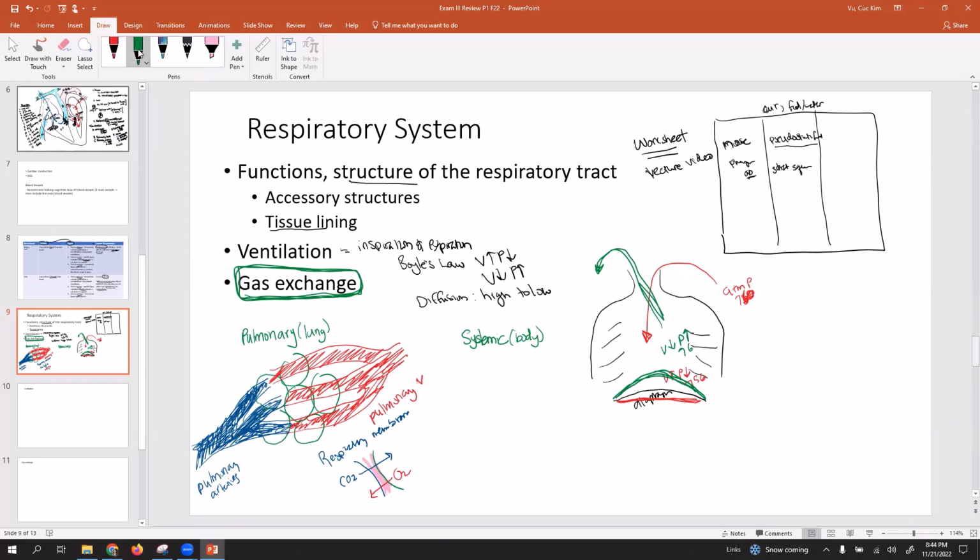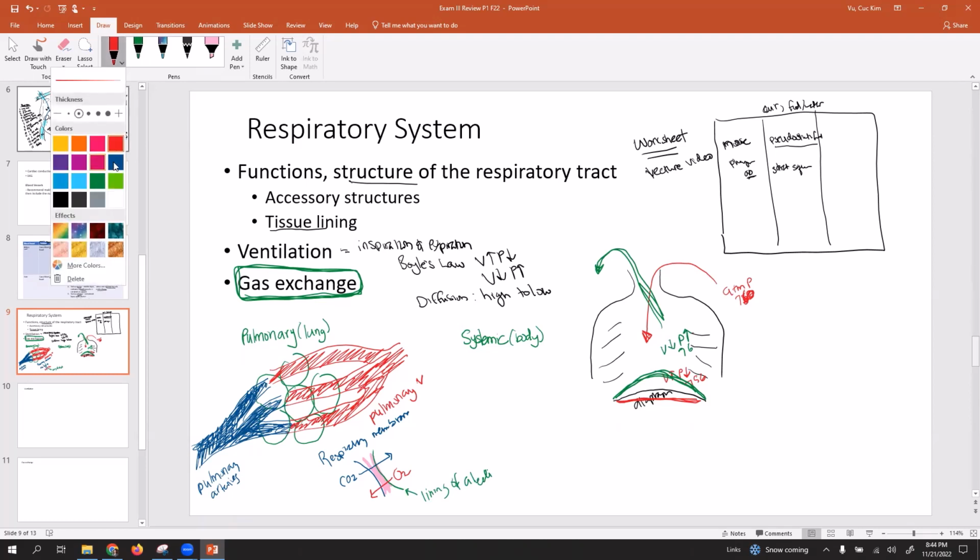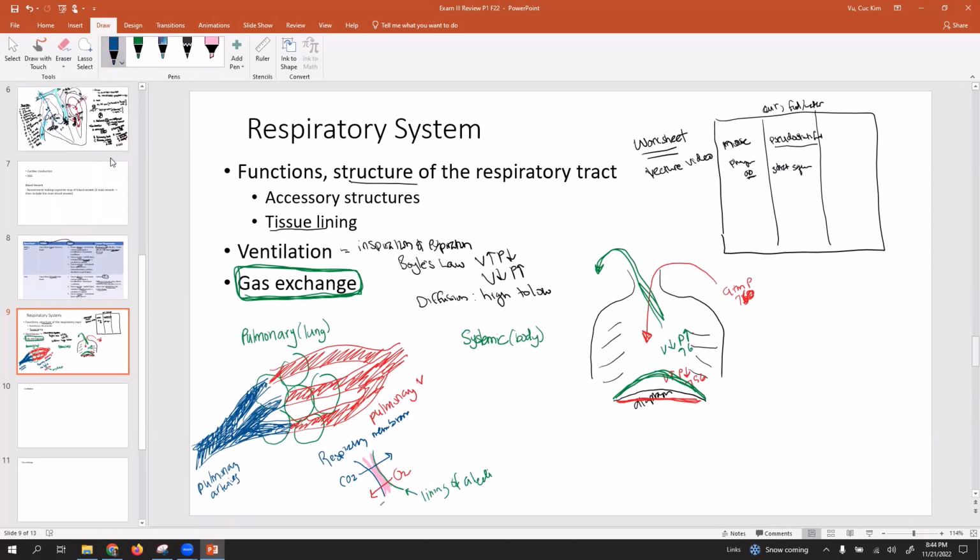So this line right here represents the lining of the alveoli. And this line right here represents the lining of what?